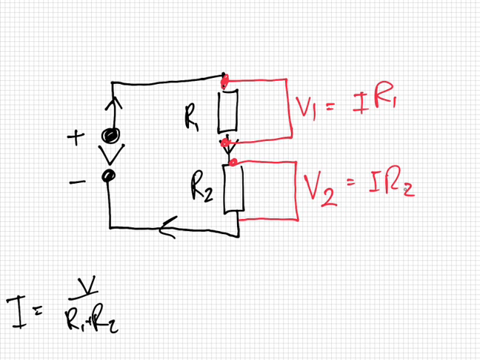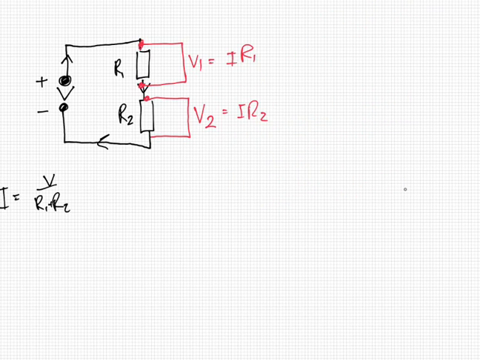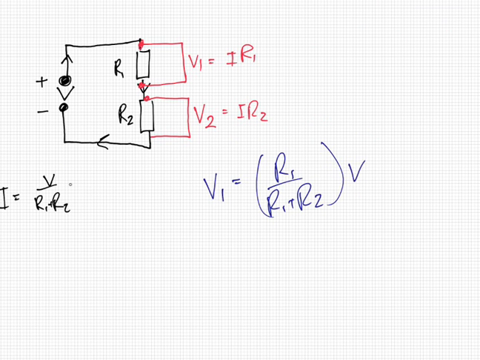So we could put these together, which is what I want to do. I want to get rid of the I's here, so I replace the I's with this formula. So I get V1 equals R1 over R1 plus R2 multiply V. I'm taking this and putting it in here.